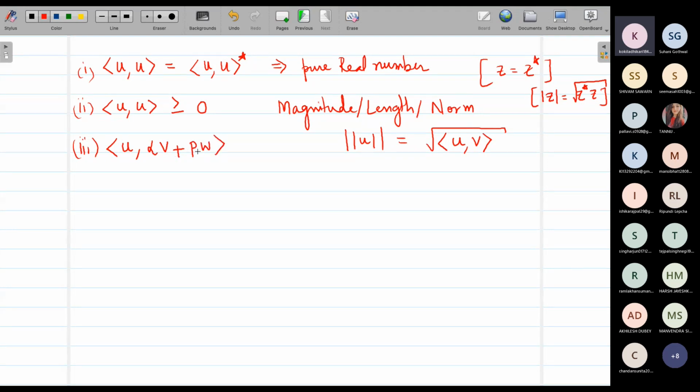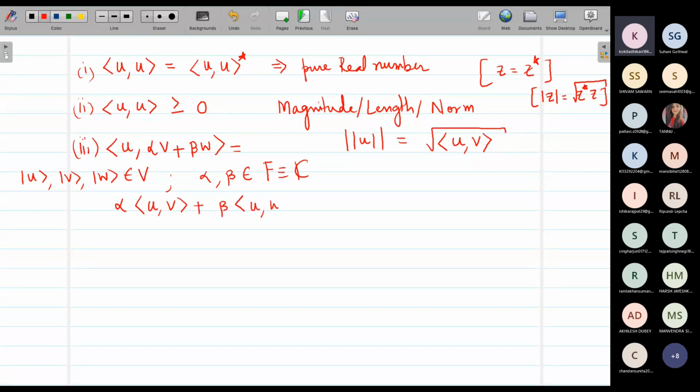So u, v, w are all vectors of the vector space, and alpha and beta belong to the field, which in our case is the complex numbers. This tells us the linearity of the inner product with respect to scalar multiplication and vector addition. So I can write it equal to alpha times u comma v plus beta times u comma w.